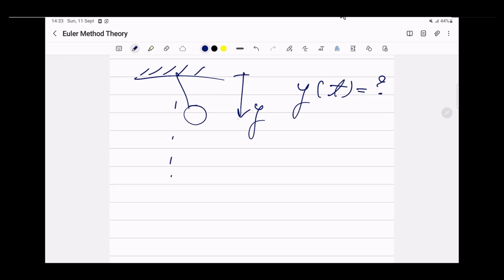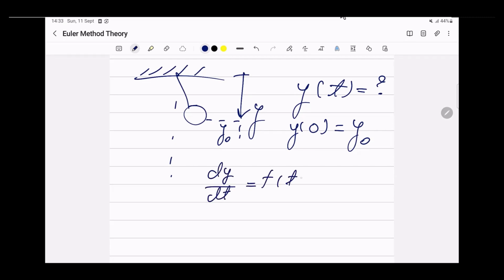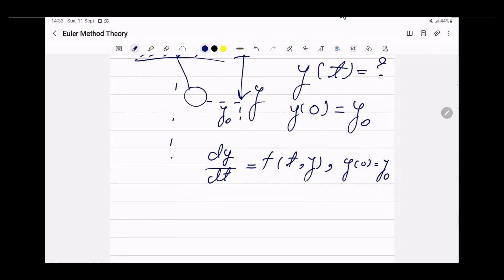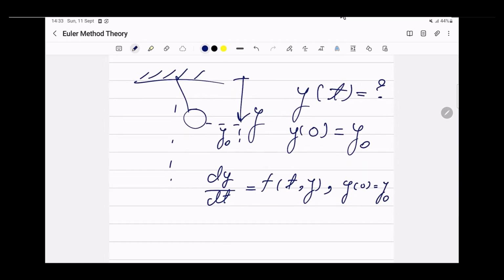Let's say you release the pendulum from y0, and so the initial condition would be written in this way. And you have a differential equation corresponding to this pendulum. It's something like this, with y(0) equal to y0. Alright, so this is the problem.